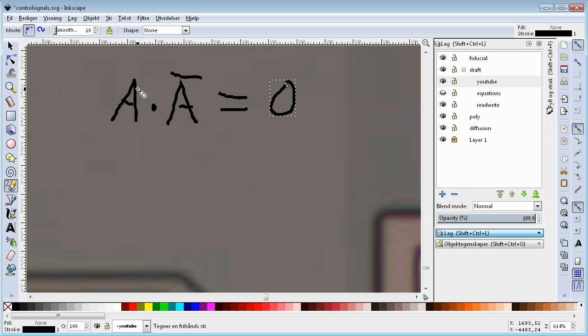If A is 0, then A not is 1, then you have 0 and 1 equals 0. All of these rules are really boring, but they are important. And this rule is also one of them: if you OR 1 with something, it will always be 1.